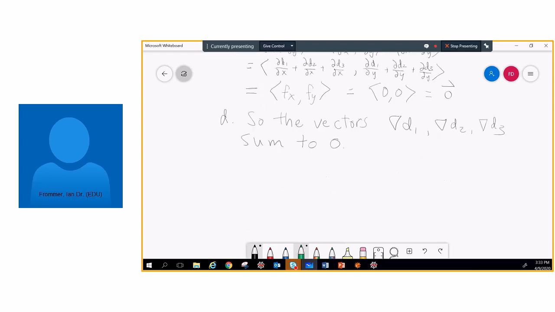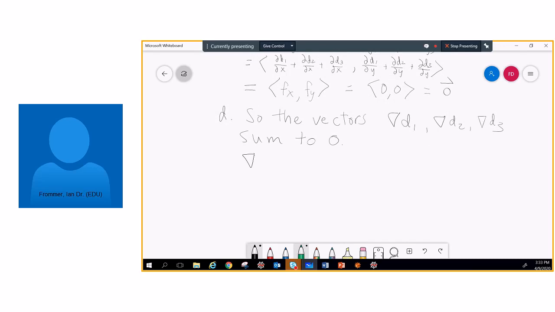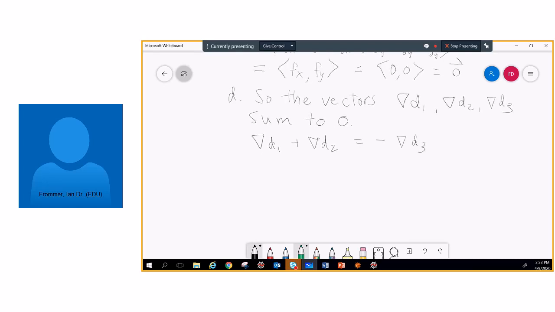All right, so we can rearrange this a little bit. We can say that the gradient of D1 plus the gradient of D2 is equal to minus the gradient of D3. Okay, I'm going to square both sides. So again, when I was talking earlier about how is this discoverable, not sure why you would think to do this, to be honest, right? You'd want to just spend a little time thinking about why might this make sense to do?